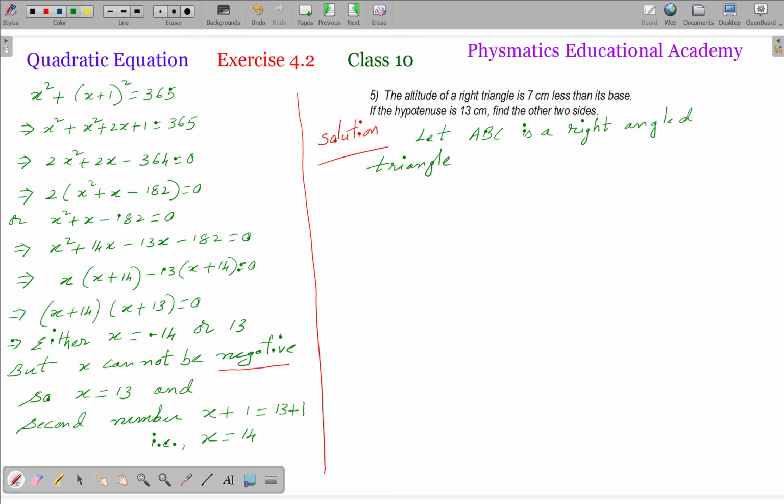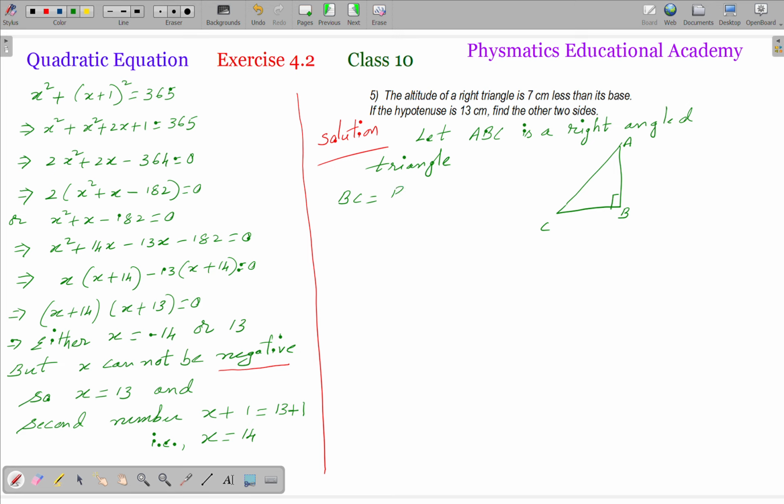So this is the right angle triangle ABC.